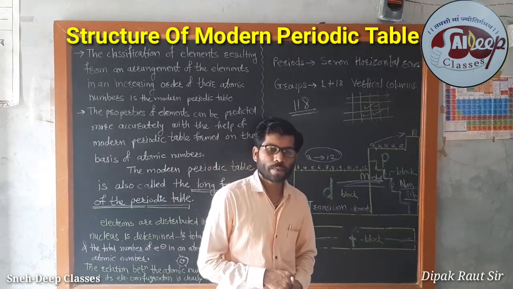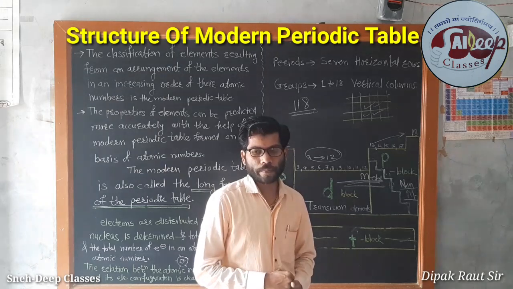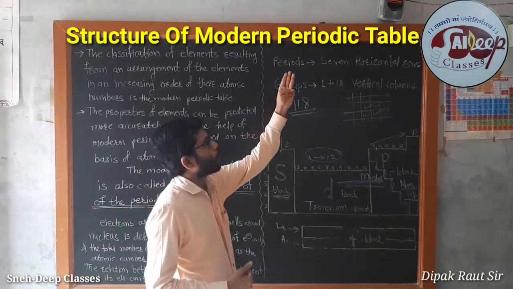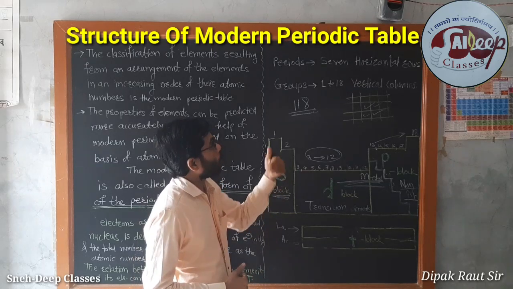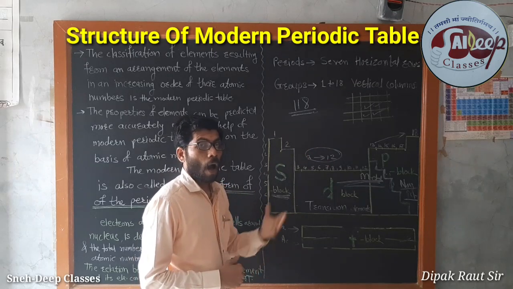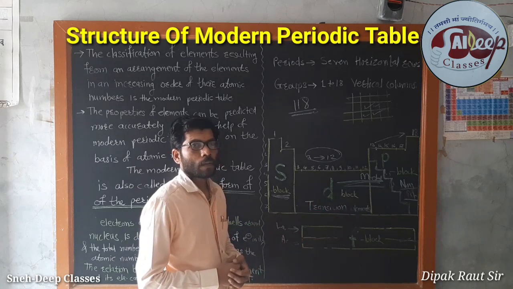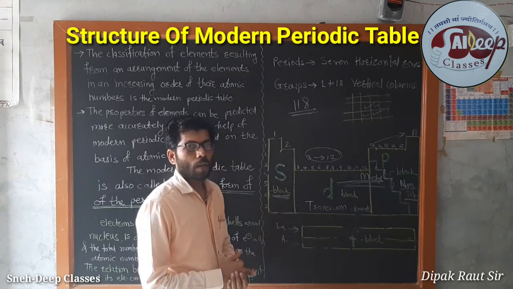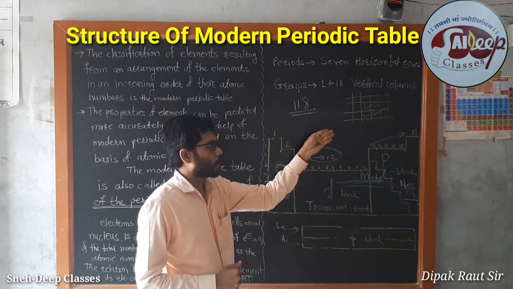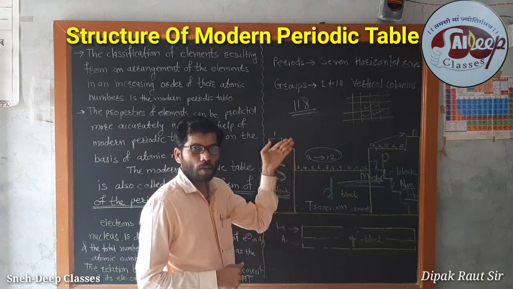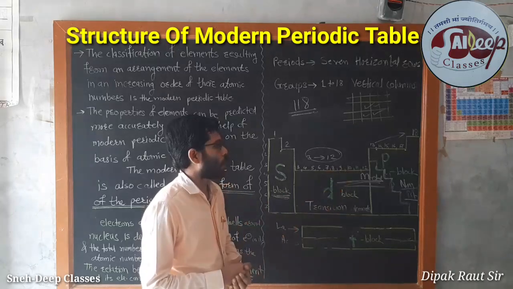Understood all of you? Today's homework of the periodic table. Definition of period and group. How many periods, how many groups are in the modern periodic table? How many total boxes in the modern periodic table? How many total elements in the modern periodic table?